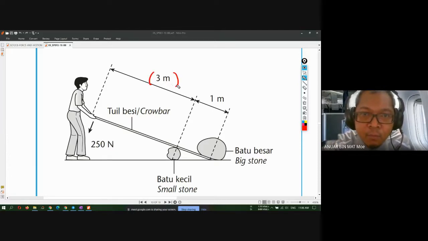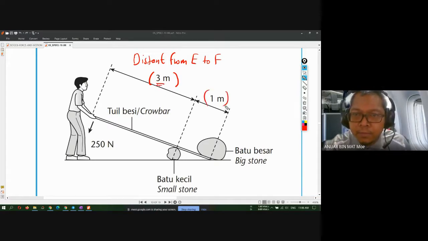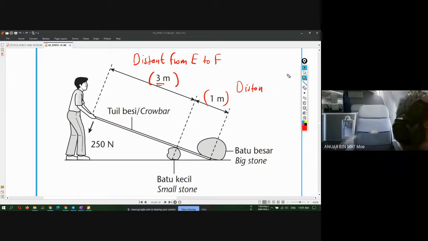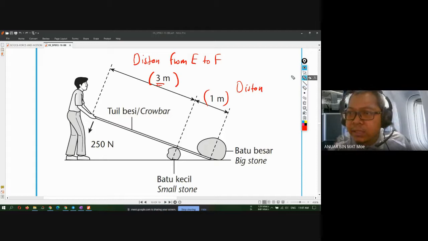This is the distance from where? From effort to fulcrum, 3 meter. And then this one is the distance. Distance means jarak.